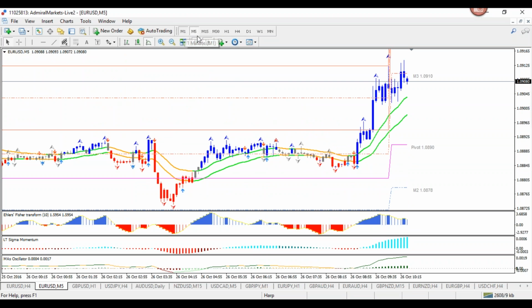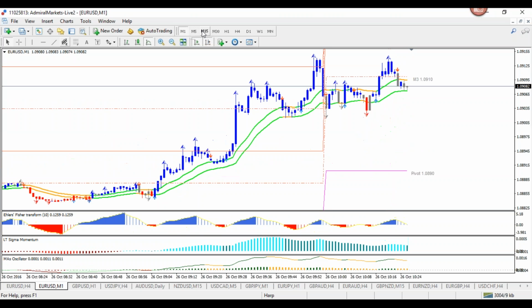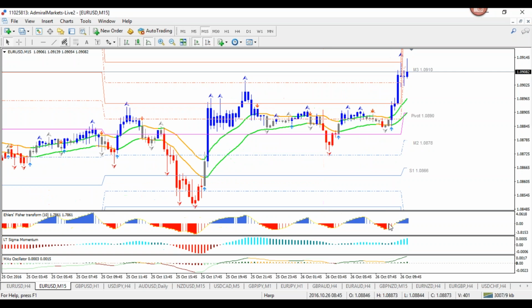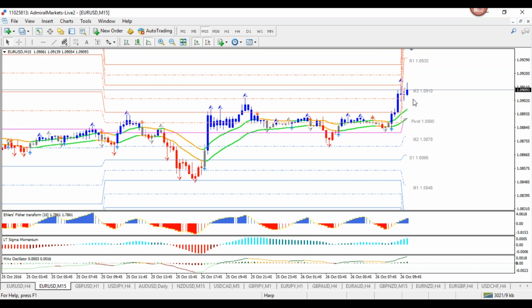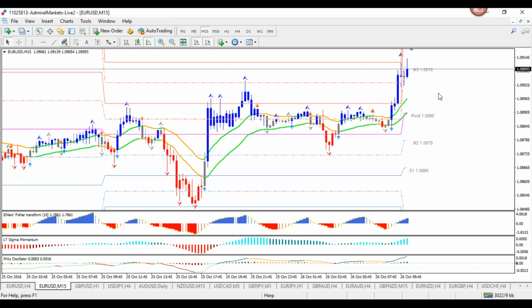So if we zoom into lower time frames, let's start off with the 15. Hang on, it seems to be loading the 1 minute for a moment. Okay, there we go. 15-minute chart. This is the pivot point. The daily is 108.90. Price is now at the M3, and blue candles showing momentum to the upside.